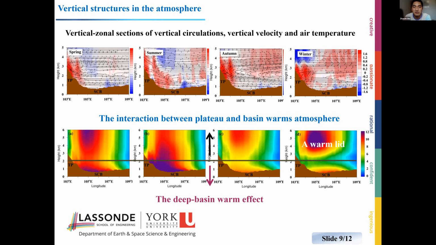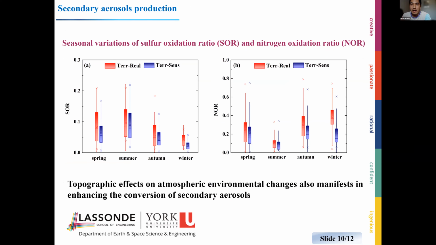into the free troposphere. In the end, sulfate and nitrate, as the main secondary aerosols, reflect the secondary formation of PM 2.5. Here we calculate the sulfate oxidation ratio and nitrogen oxidation ratio for investigating chemical conversion rates. The SOR and NOR are significantly correlated with the air temperature and humidity.